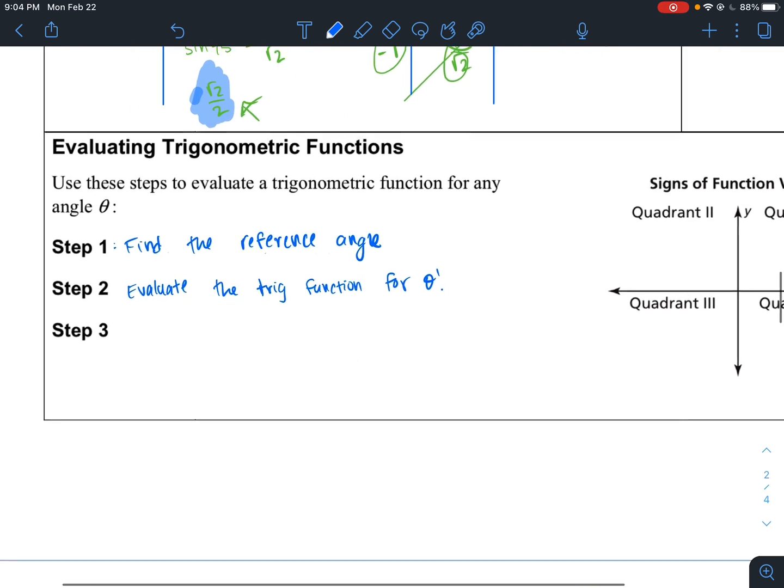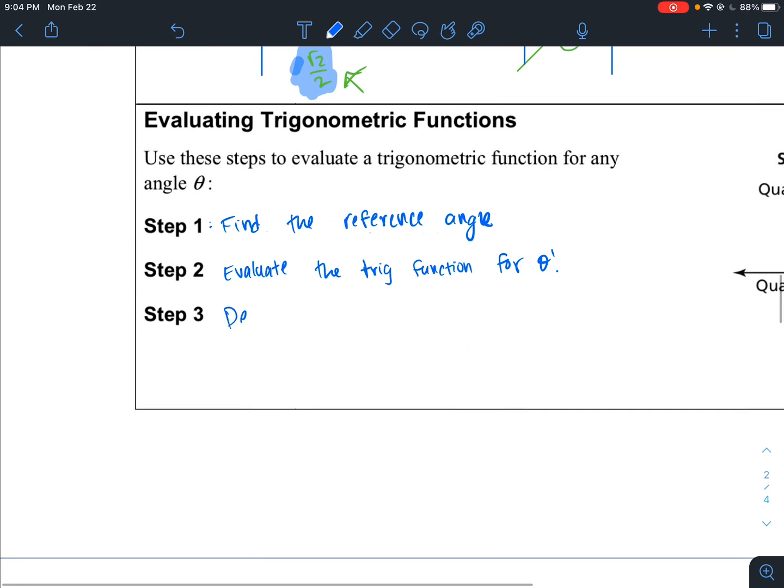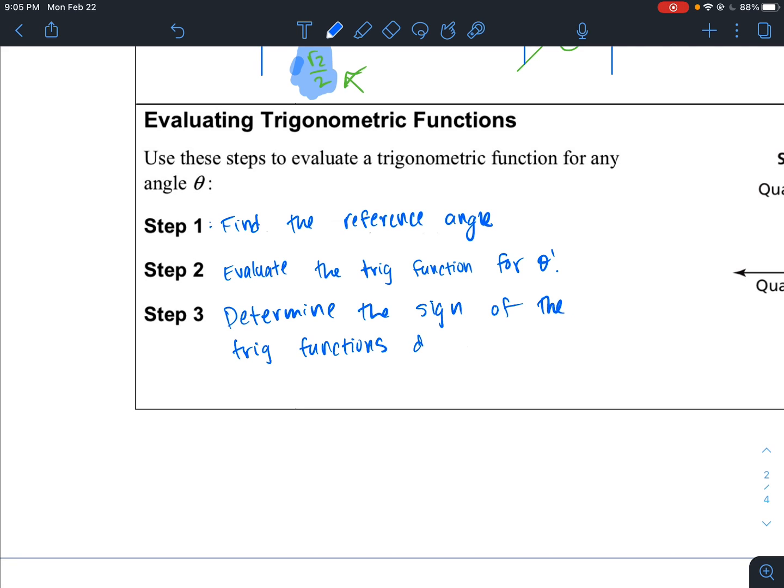And then step 3 is to determine the sign of the trig functions, depending on the quadrant that theta lies in.